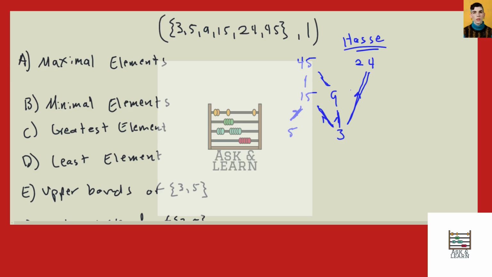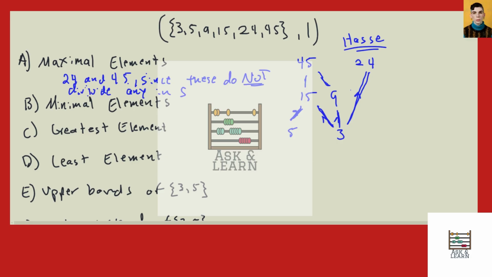So that would be 24 and 45, since these do not divide anything in our set S.